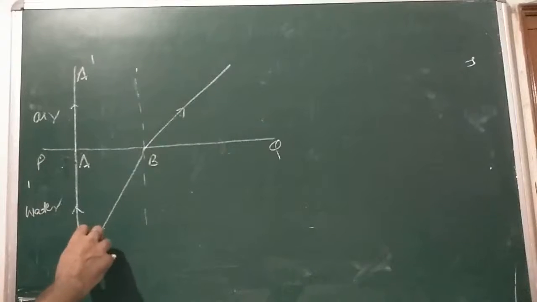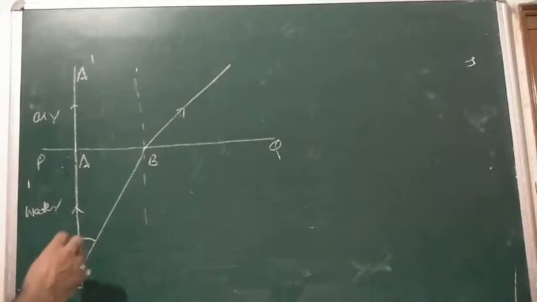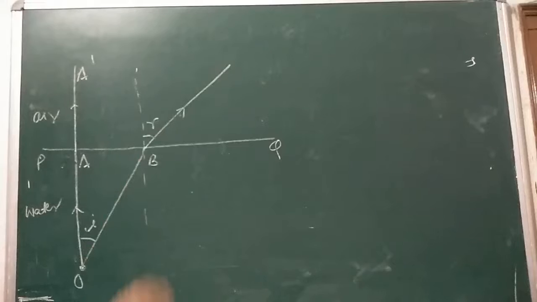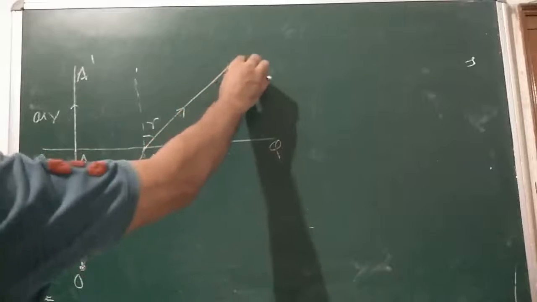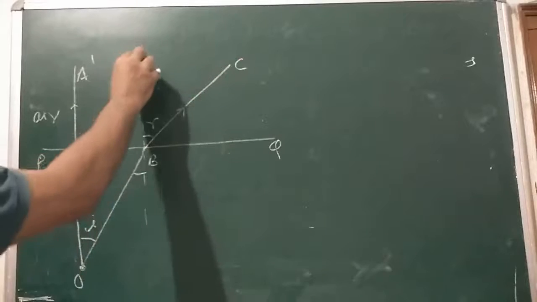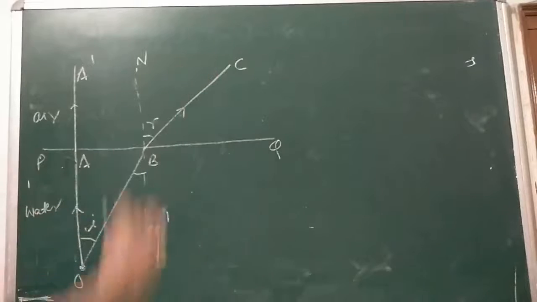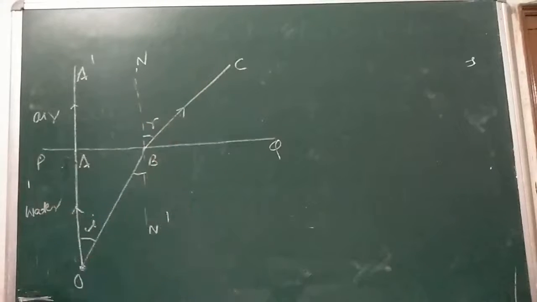Now here the angle is I. Here the angle of refraction is R. This angle is also I. Now it is going along BC. Here is the normal N and N dash. So this ray deviates away from the normal. It is refracted at an angle R along BC.